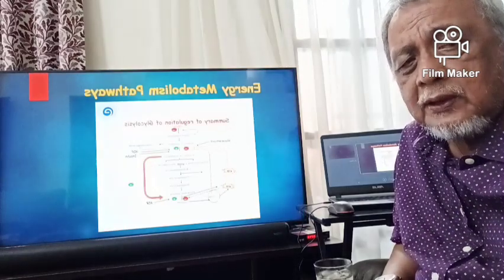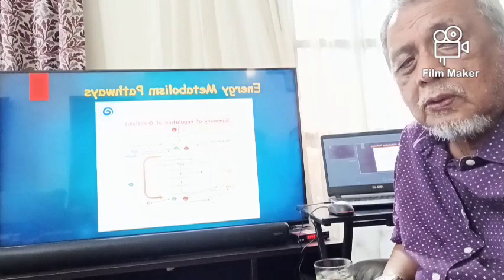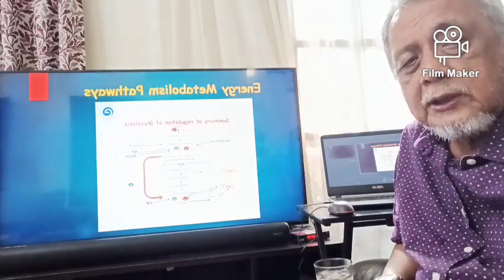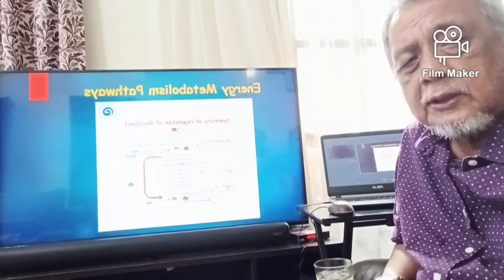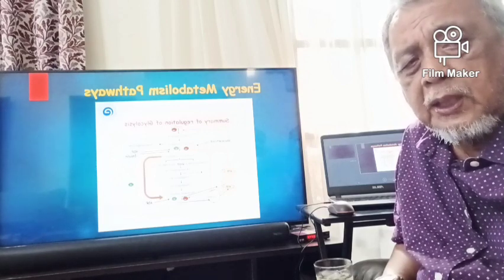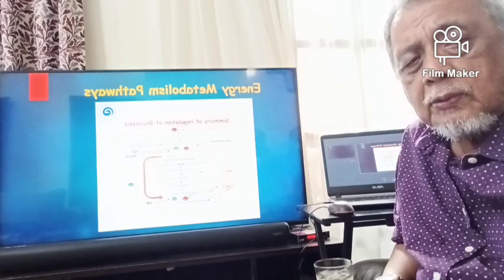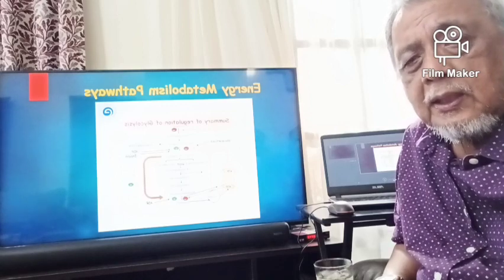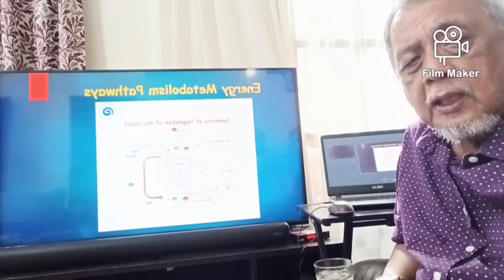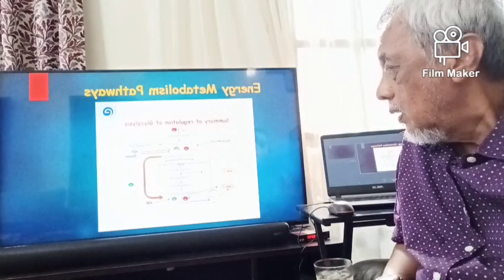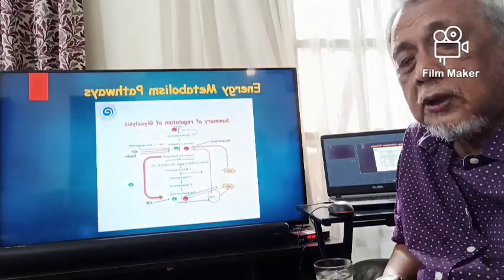So, if we talk of energy, we talk of glucose, and this is what the cells make use of to transform into energy. And mind you, the brain needs a lot of this substrate to use as an energy source. But then this is glycolysis.